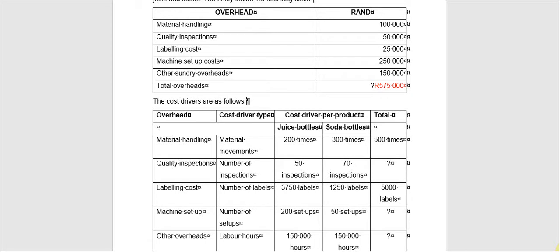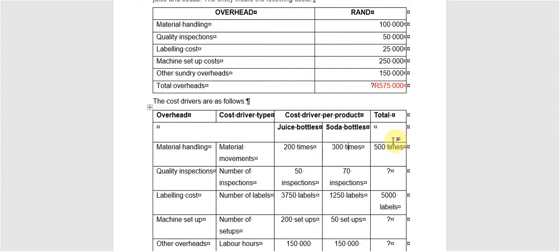They have listed for you the overhead, the cost driver per product, and also in some instances the total. So we have material handling. The material movement is the cost driver. The material movement was 200 times for juice bottles, 300 times for soda bottles, and a total of 500 times when added together.